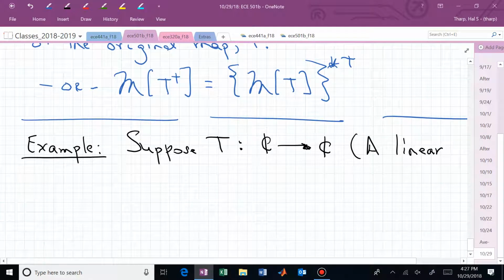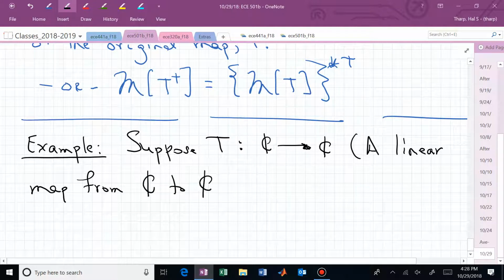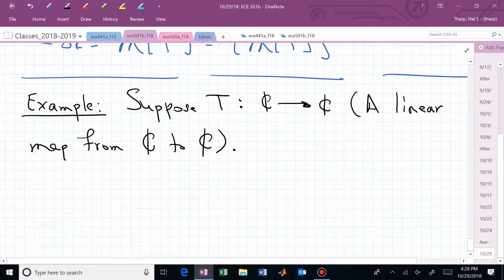This is a linear operator, but we now have a linear map from C to shining C. I'm sorry. It just seemed like it needed to be sung. But from C to C.